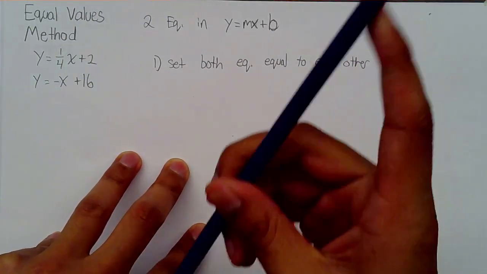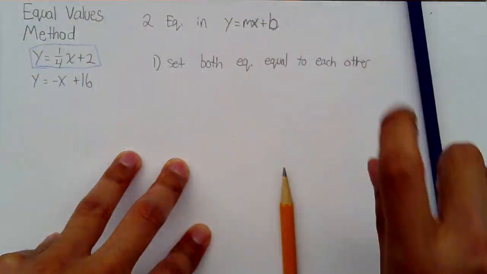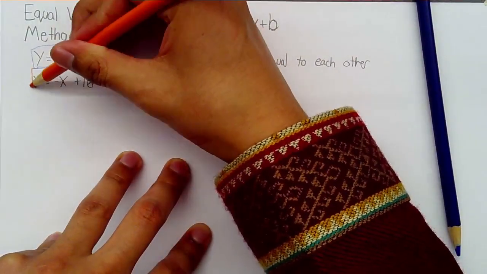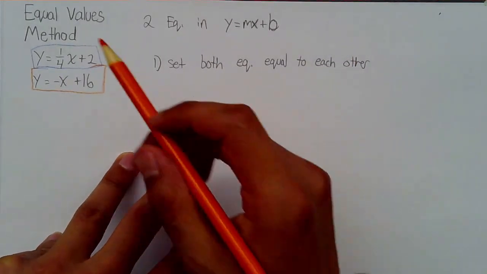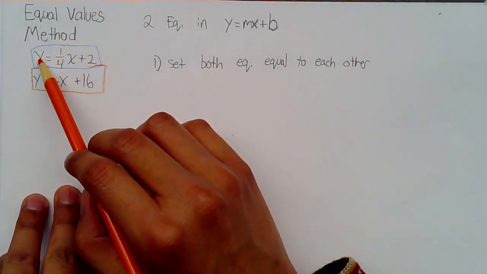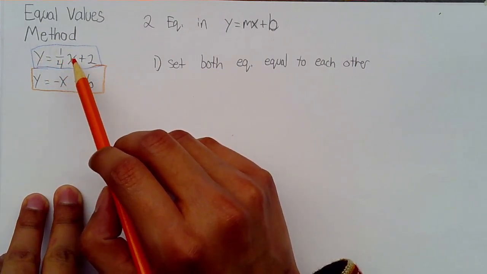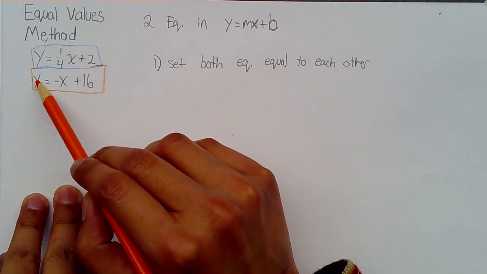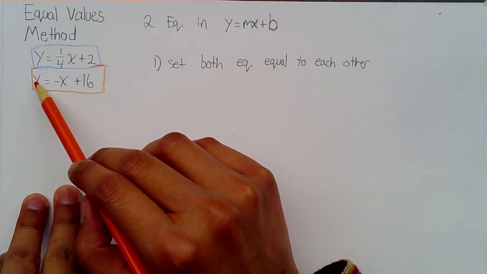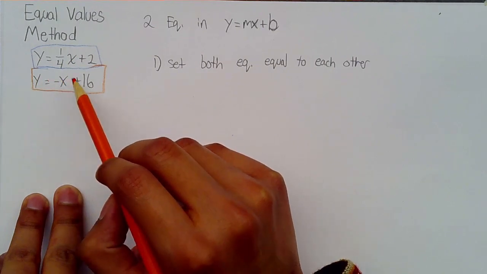My top equation was the one I had in blue. The bottom equation is the one I had in orange. And I'm going to do something a little bit abstract. Here, y is equal to 1/4 x plus 2. And down here, y is also equal to negative x plus 16.